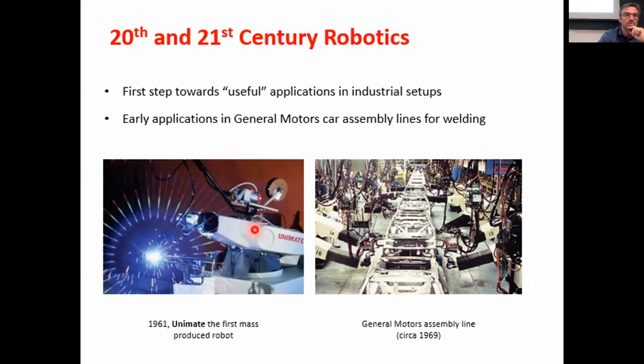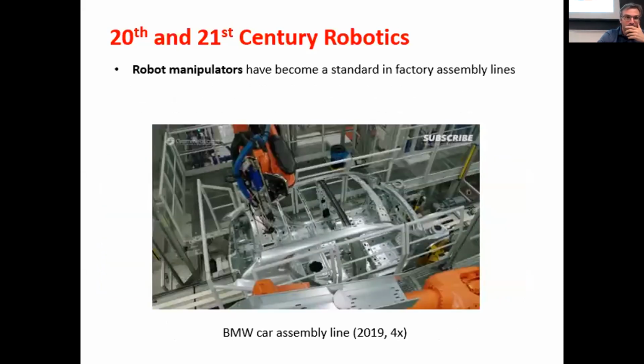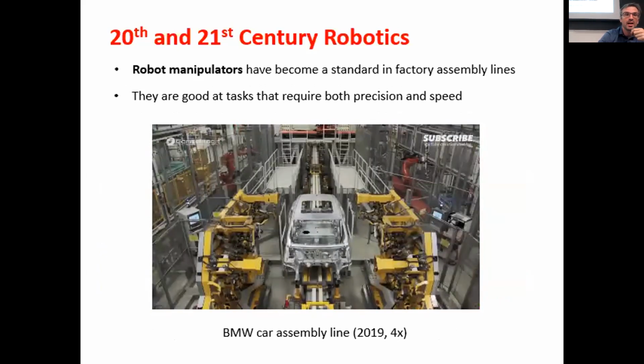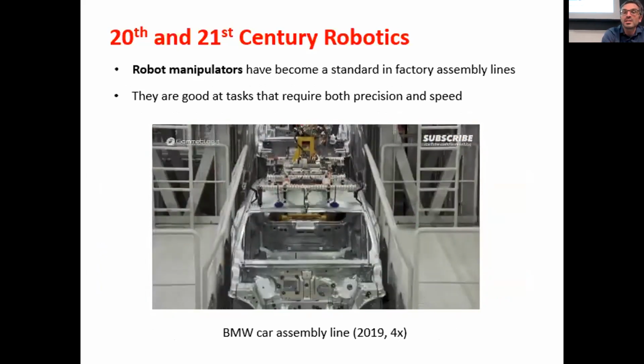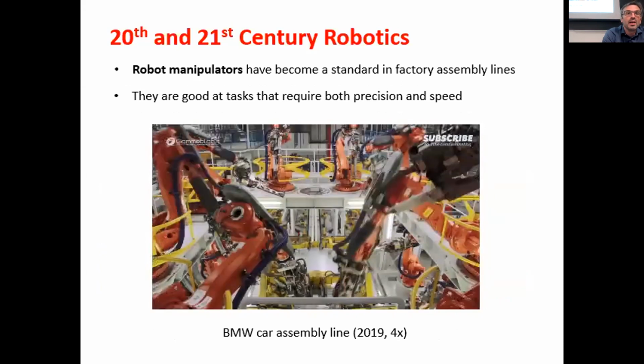You see on the left the first mass-produced robot that was used in the assembly line, from General Motors in 1969, or to move material, pick and place, so move an object from here to there. And at that time, there were no interaction forces, as we say, because they are tricky. And so robot manipulators were becoming the standard in assembly lines of cars.